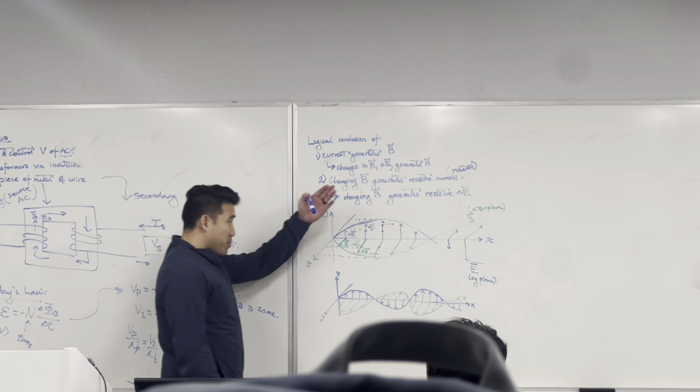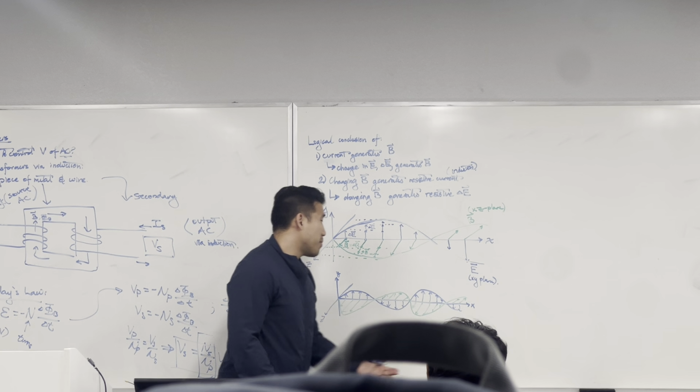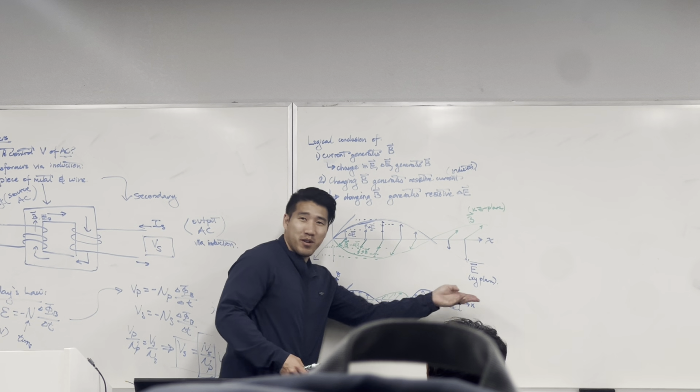So one is going up and down, let's say the whiteboard, that would be the electric field. The magnetic field is going in and out of the board.